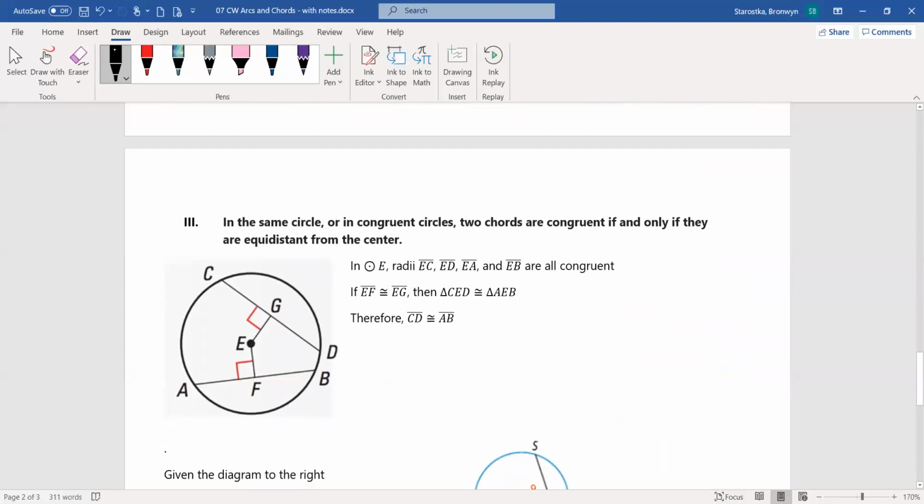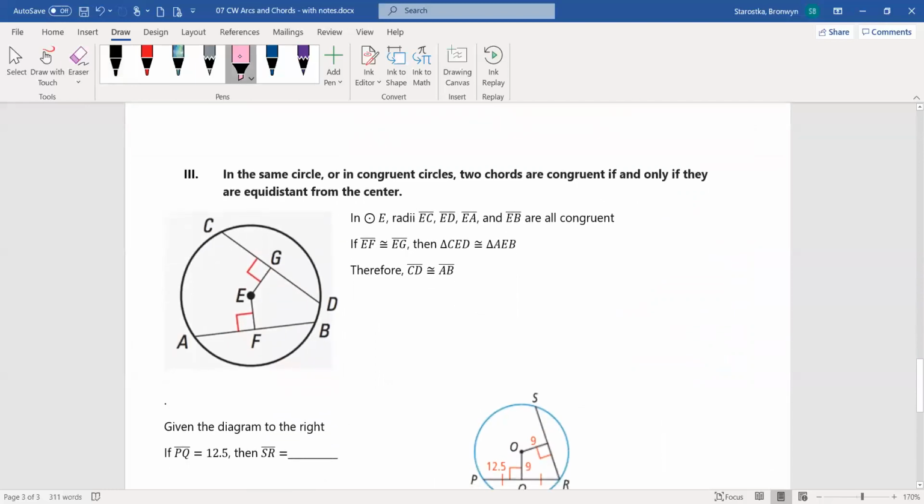And the last property we're learning today: in the same circle, two chords are congruent if and only if they are equidistant from the center. So in circle E, we've got these radii.